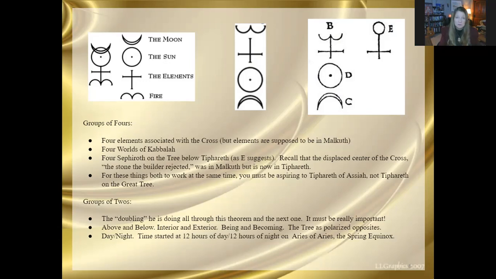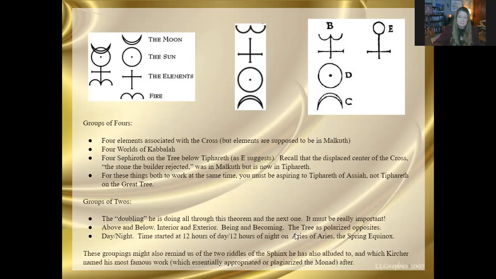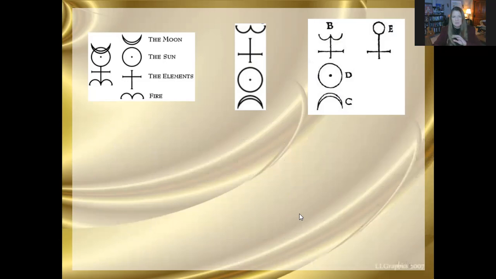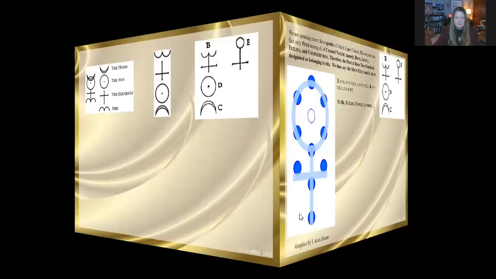Also, 12 is divisible by 2, 3, 4, 6. So that's an important opposite. Also, 2s and 4s might remind us of the 2 most commonly known riddles of the Sphinx, but I'm going to get back to that in a bit here.